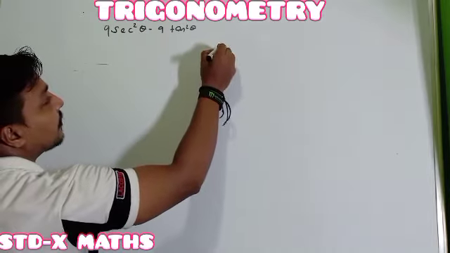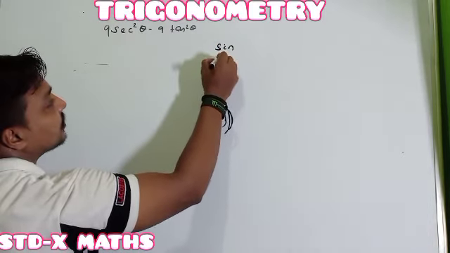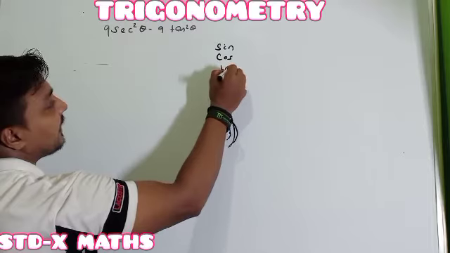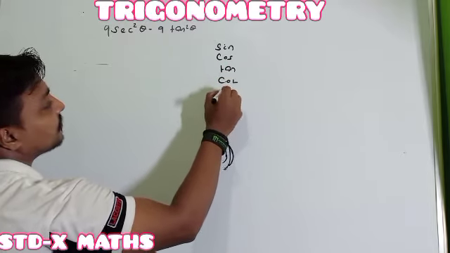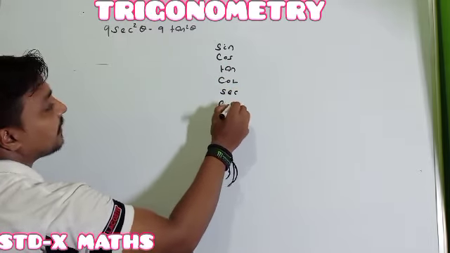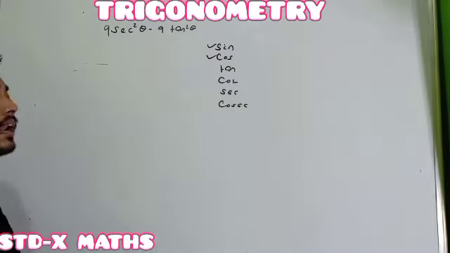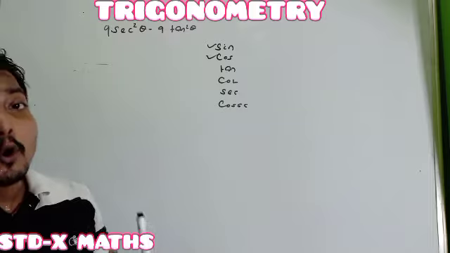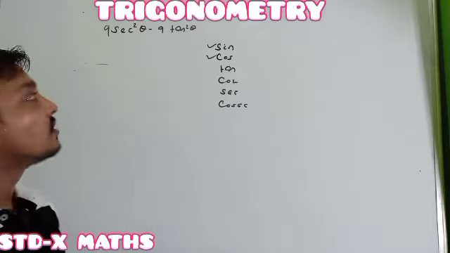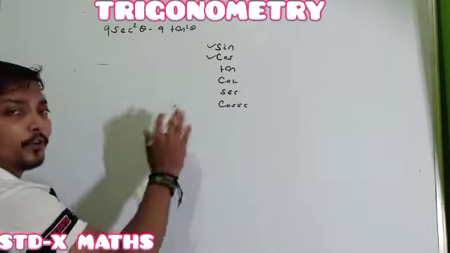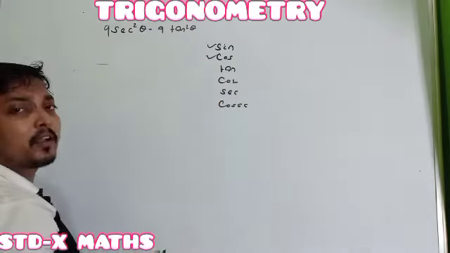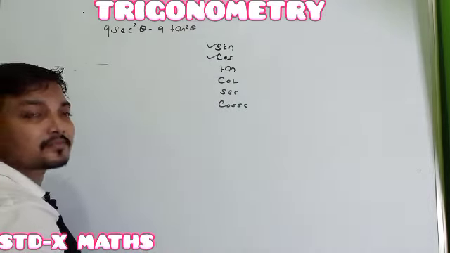From sine, cos, tan, cot, sec and cosec, remember sine and cos are both the simplest forms. Suppose anywhere you want to prove anything, always convert everything into sine and cos.